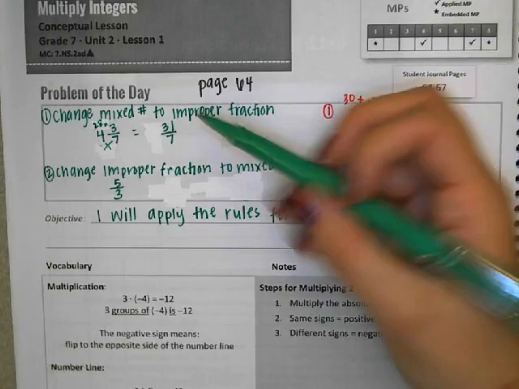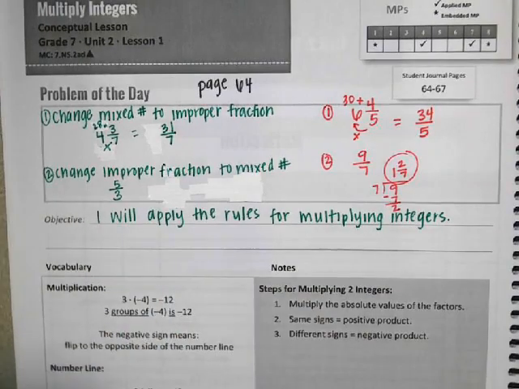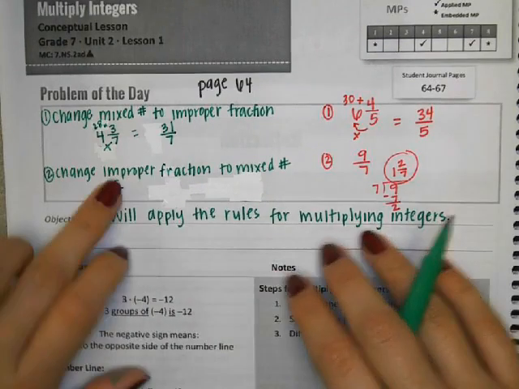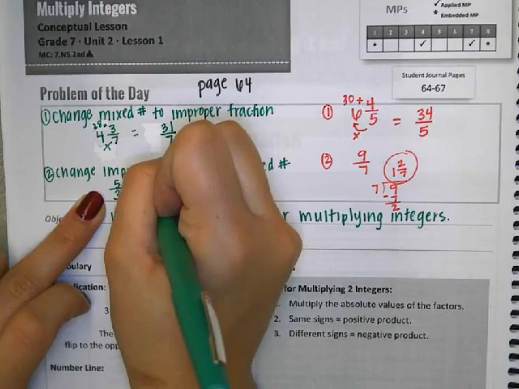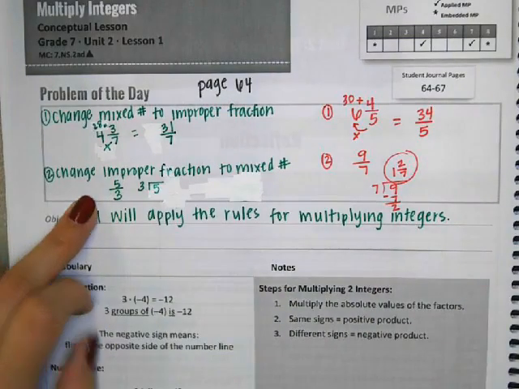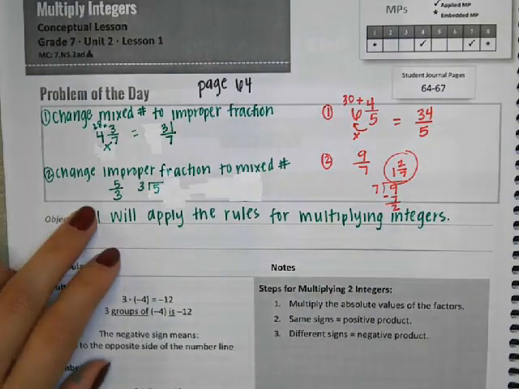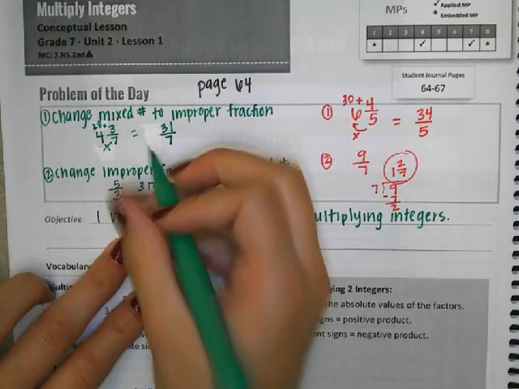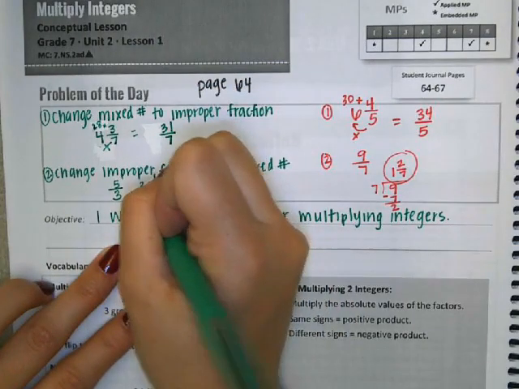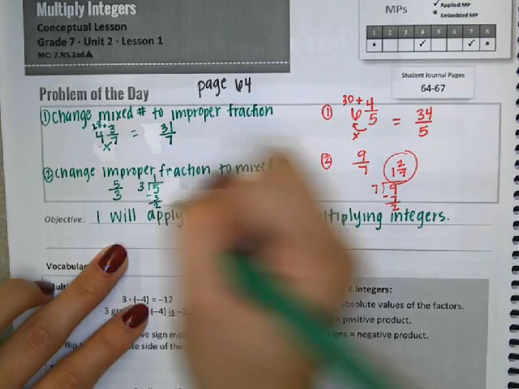The next one says change the improper fraction to a mixed number. So I'm going to take my denominator and divide that into my numerator. So 3 into 5. 3 goes into 5 one time. 1 times 3 is 3. 5 minus 3 is 2.